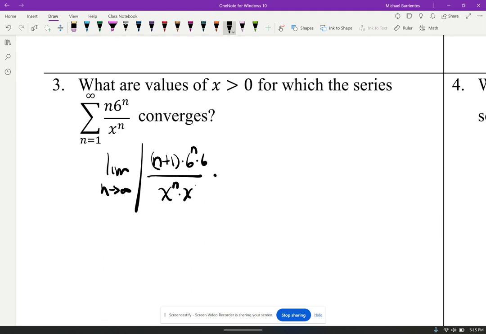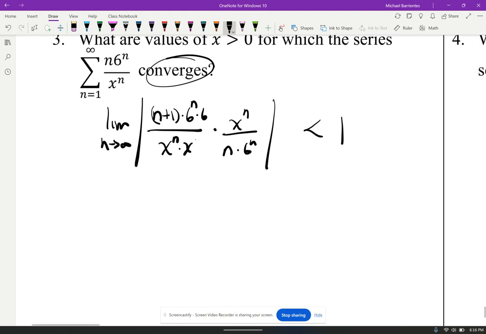And then we're going to multiply by the reciprocal, which is x to the n over n times 6 to the n. Take the absolute value of that. Now wait, when I find this limit, I want it to be less than 1 because I want it to converge. So I'm going to set this limit to be less than 1 so that it does converge.